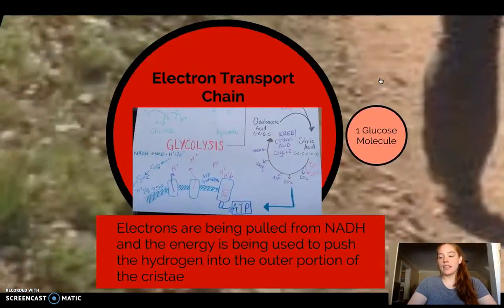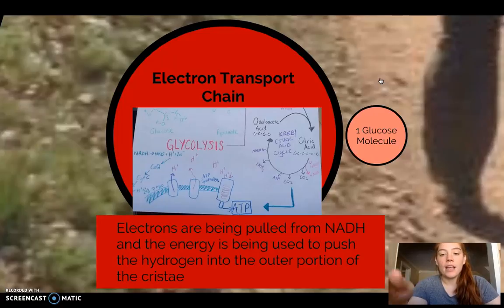And now we have the electron transport chain. You can see here, we have glycolysis, and then we had the Krebs or citric acid cycle. And this is preparing us mostly for this electron transport chain. The electron transport chain is happening in the mitochondria of the cell.